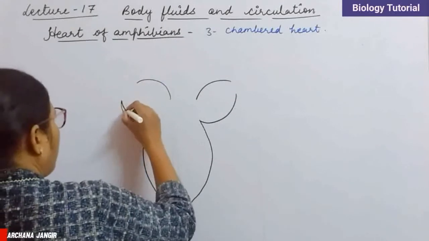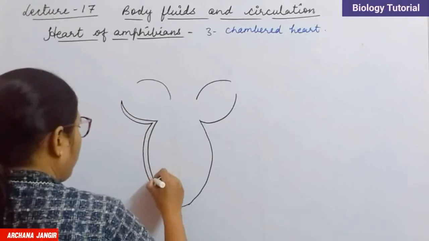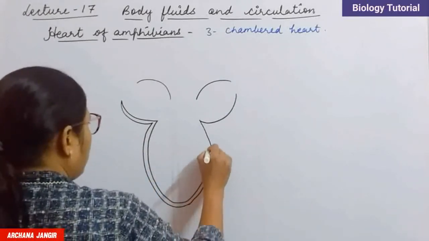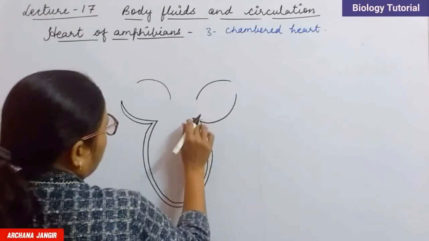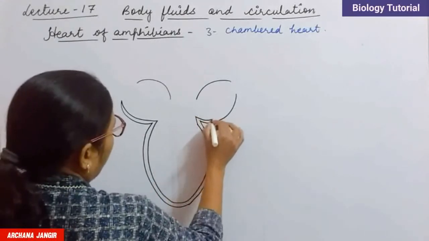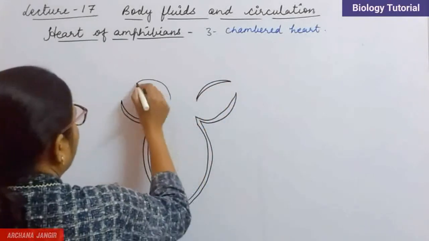Now this is the wall of auricle. This is the wall of ventricle. Again here the wall of auricle is there. Okay, so here is the wall of auricle.